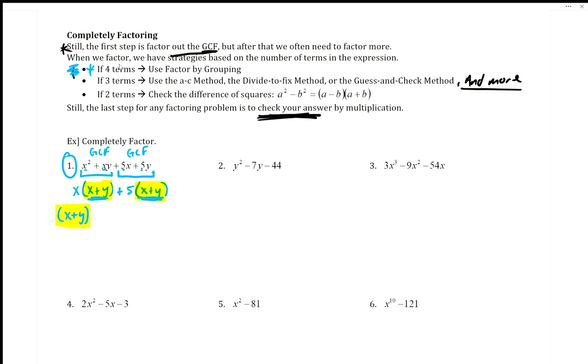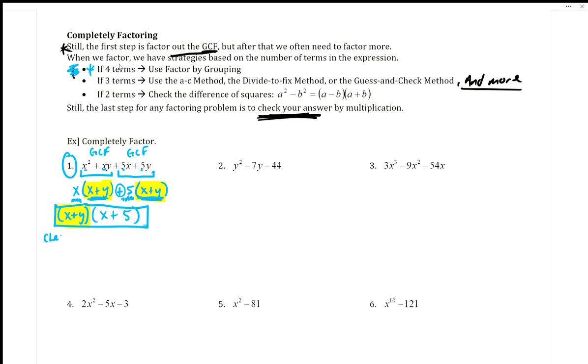This plus sign is separating the 2 terms, so x plus y in parentheses is counted as a single term currently, and we can factor it out. Then we're left with this x and that plus 5. So we put those in parentheses, x plus 5. And that is our factored form.